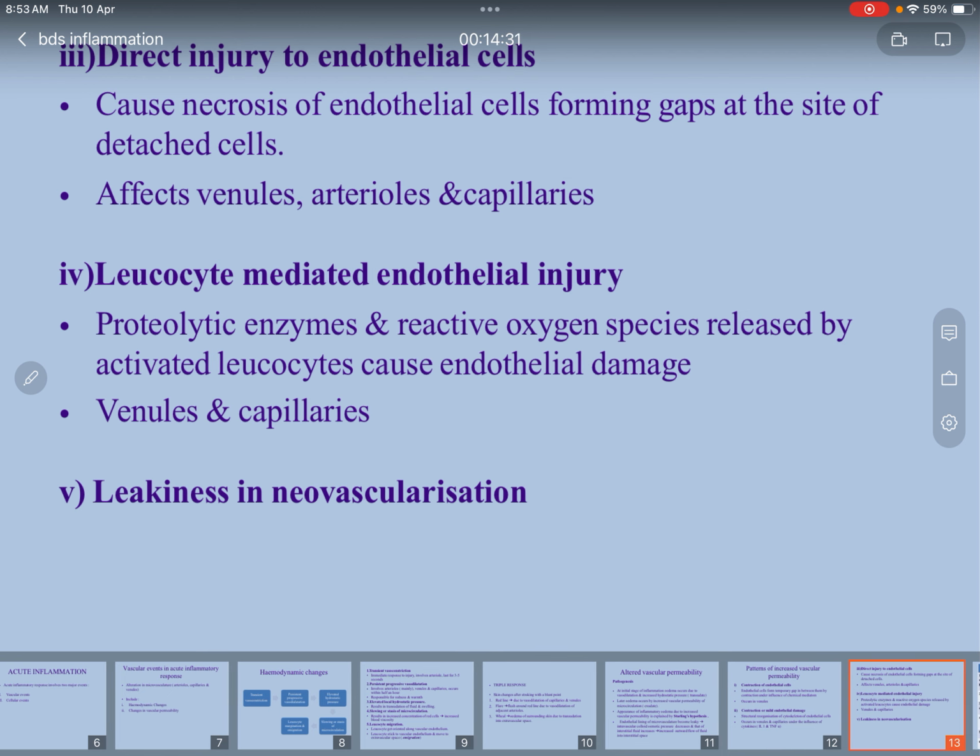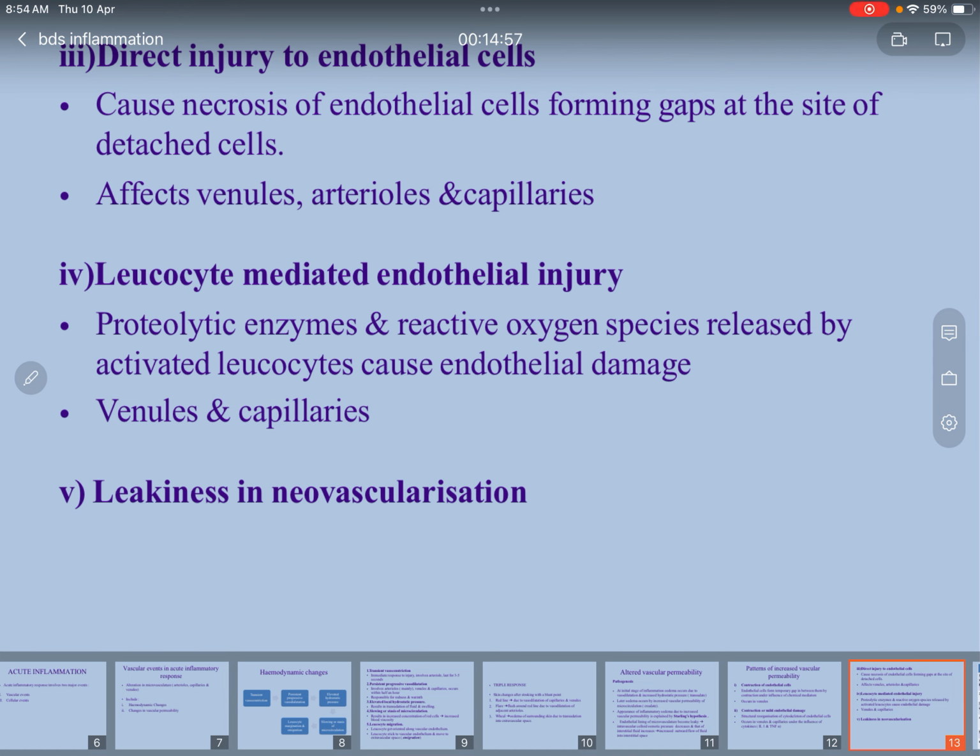Third is direct injury to endothelial cells. This causes necrosis of endothelial cells, forming gaps at the sites of detached cells. This affects venules, capillaries, and arterioles. The fourth is leukocyte-mediated endothelial injury.